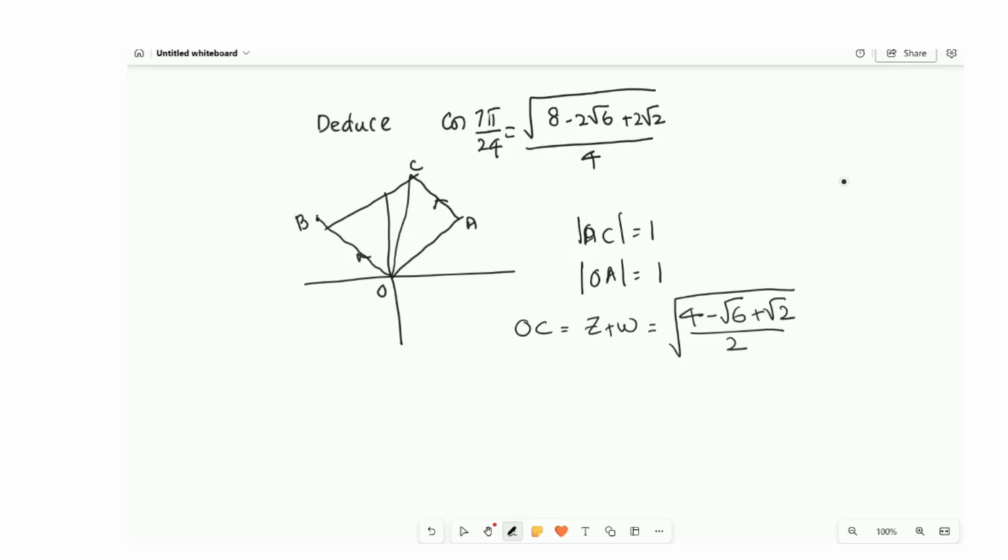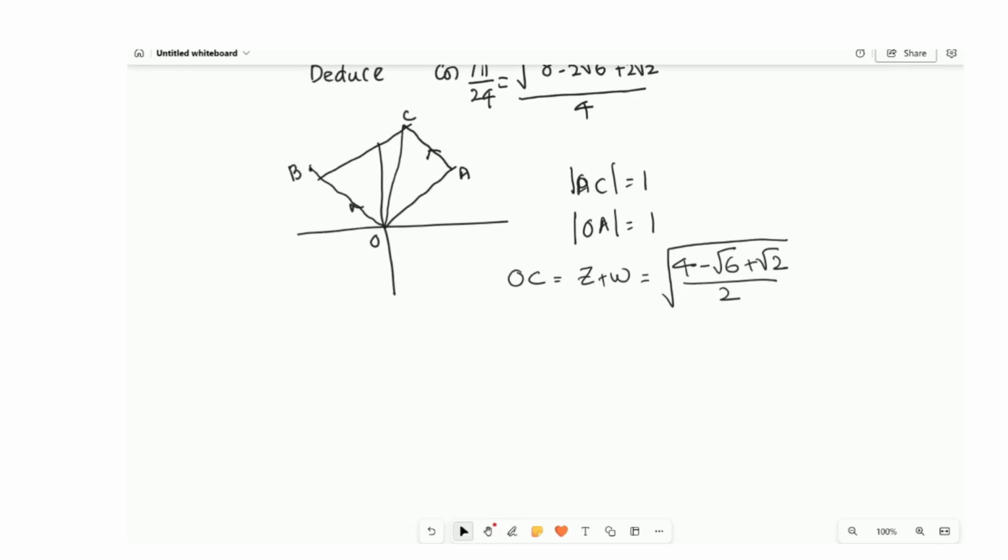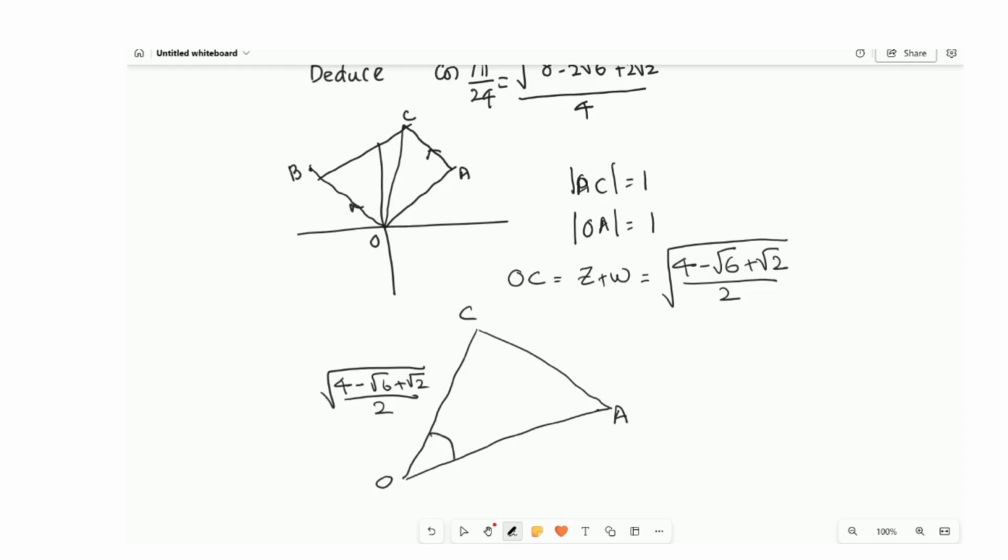Okay, now if I draw that diagram here, that is O, this is A, this is C, that magnitude is equal to square root of 4 minus square root of 6 plus square root of 2 divided by 2. That angle is 7 pi divided by 24, we have found that one. This magnitude is 1, this magnitude is 1.